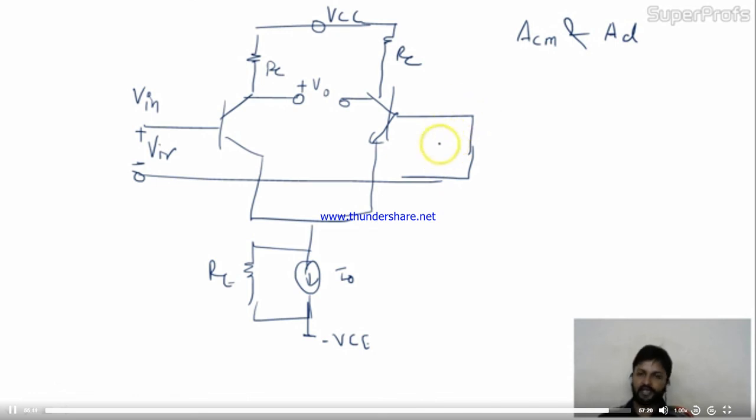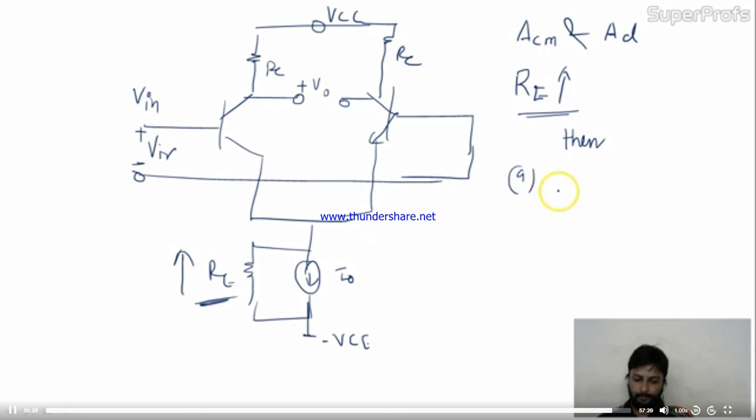If the resistance RE is increased, this RE is going to increase in this case, then you have 4 options.